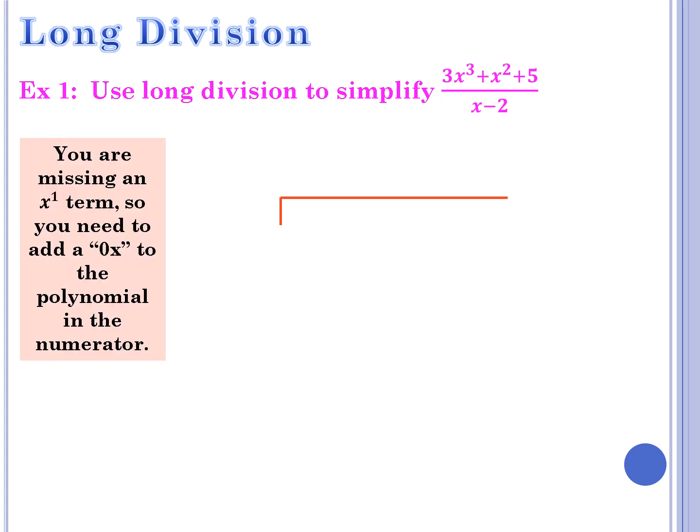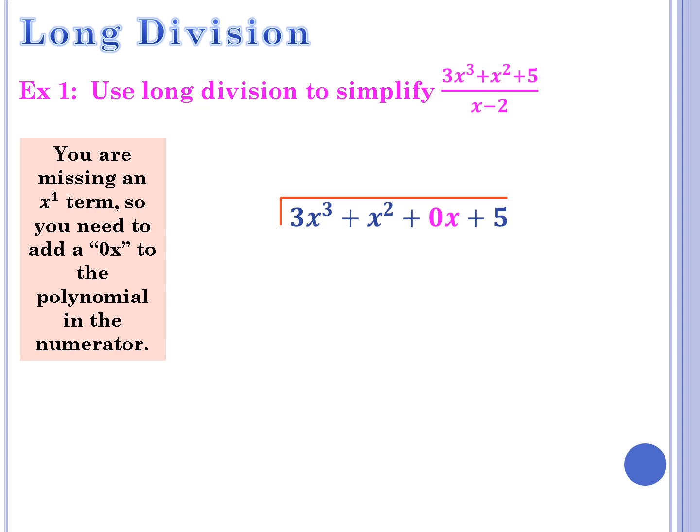Now, if you look at your problem, you have an x cubed, an x squared, and then your constant. You are missing a term in decreasing sequential order. You're missing an x to the first term. So we're going to add a 0x. Now, you may be wondering, doesn't that change the value?